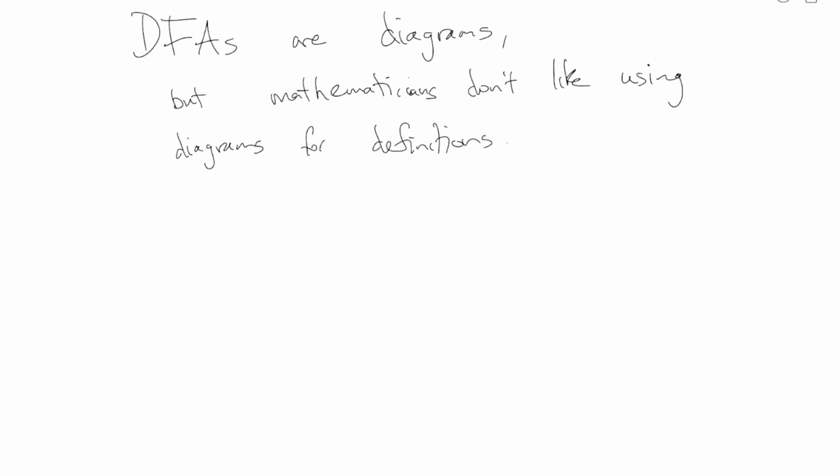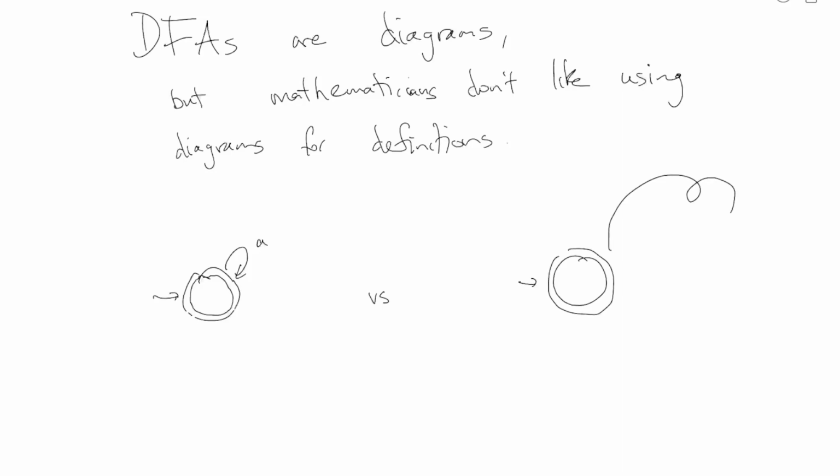For example, here's a very simple DFA. This is like one of the simplest possible DFAs. That's a DFA, right? The alphabet is just A's and it accepts everything. Isn't that nice? Very accepting gentleman. Versus, how about this? Check out this DFA.